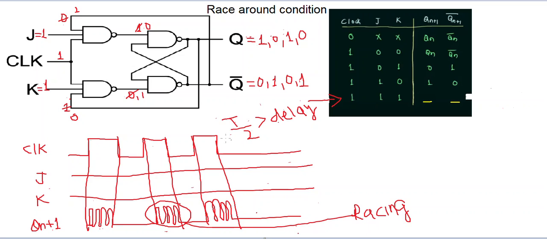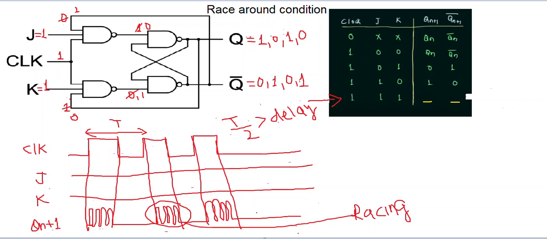And this is the half time period. Suppose this is my T. So the half time period is T by 2. The race around condition occurs when T by 2 is greater than the delay. Suppose the delay of the flip flop is greater than T by 2.